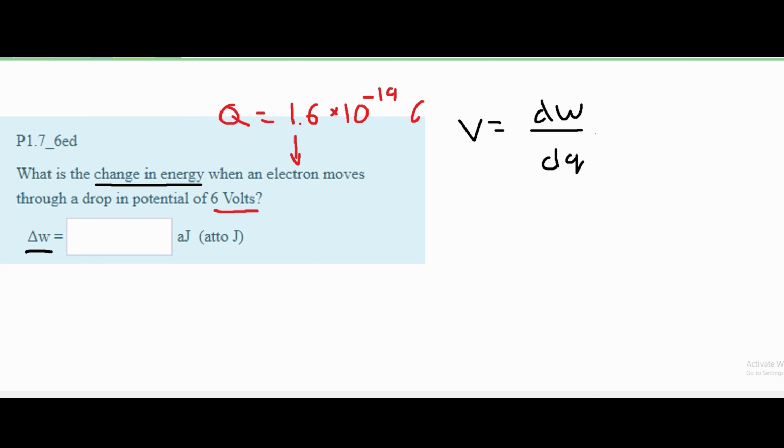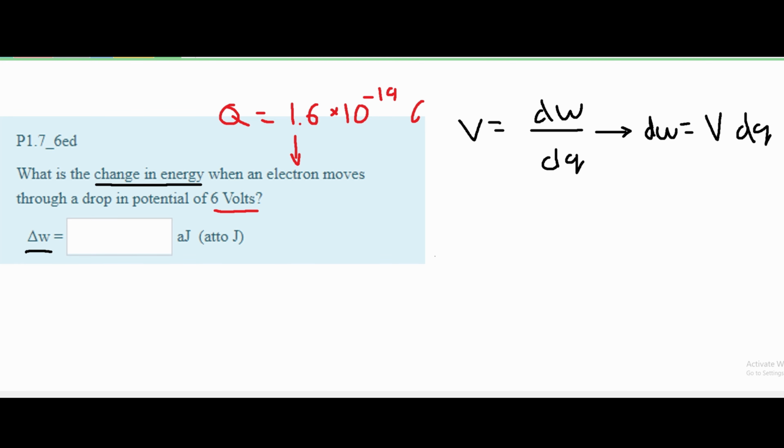So to manipulate this formula how we want it, we need to have the dW on the left side and the V moved to the right side. Basically, we are just going to flip and divide. So we're going to have dW is equal to V times dQ. After this, we can start plugging everything in.